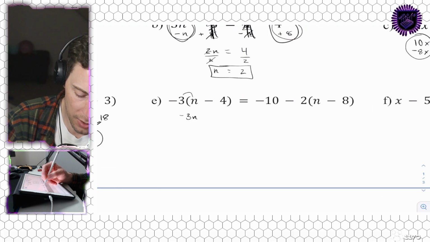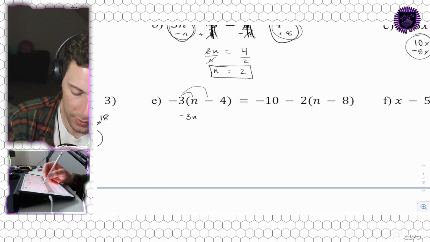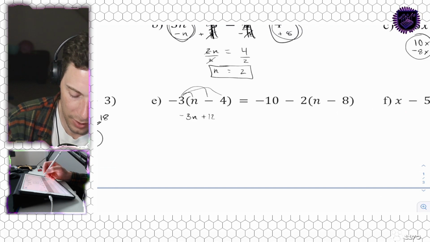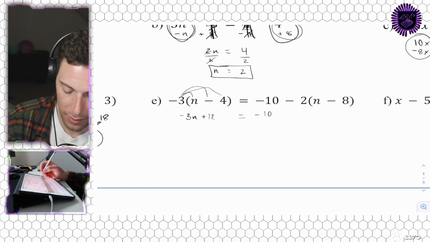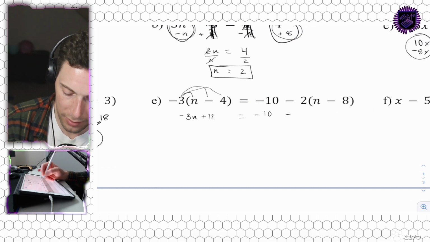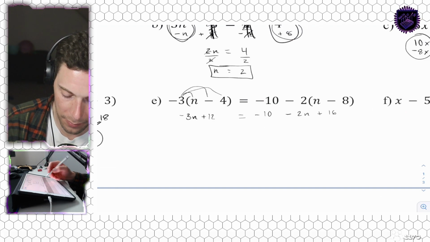And that's going to be, right, negative 4 times negative 4. It's going to be plus 12. And that's going to equal negative 10 minus 2n plus 16. So let's combine like terms.